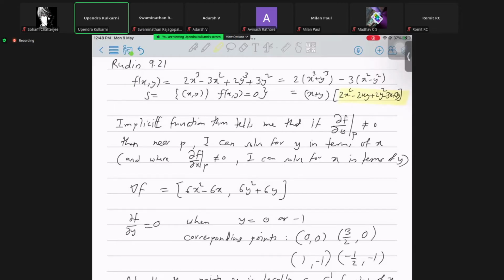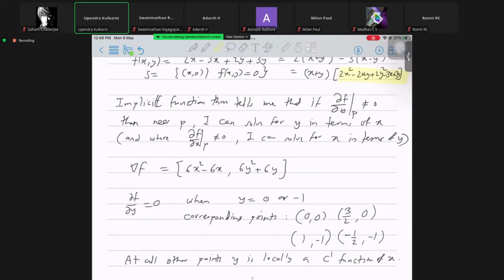So which were the solutions that came from the quadratic? Yeah, the solutions that came from the quadratic that did not come from the linear part are 3/2, 0, and minus 1/2, minus 1.